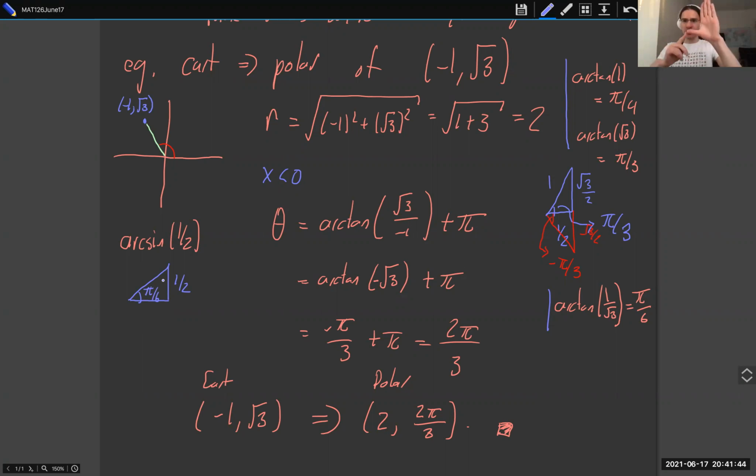When you have 30 degrees, this side is smaller, it's 1/2. When you have 60 degrees, it's √3/2, which is bigger than 1/2. So arcsine of 1/2 is equal to pi over 6, and that's going to come up in the homework.